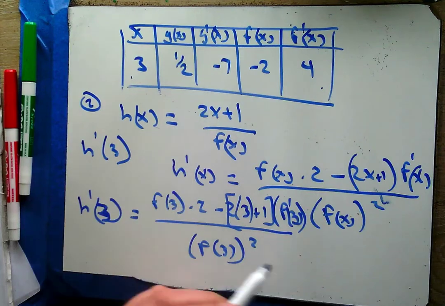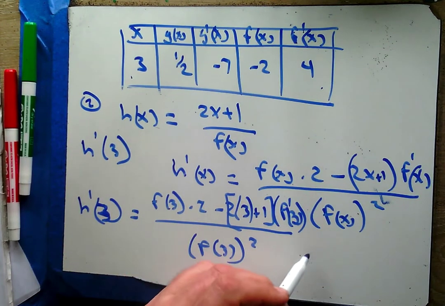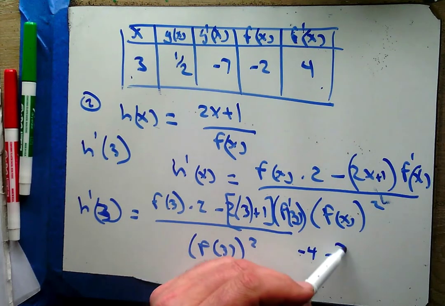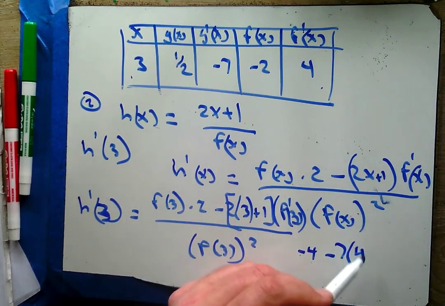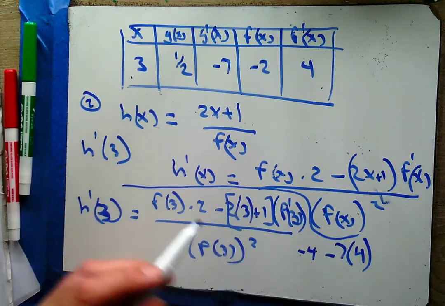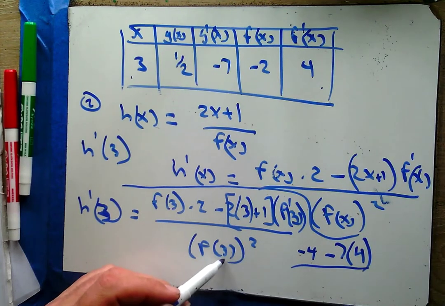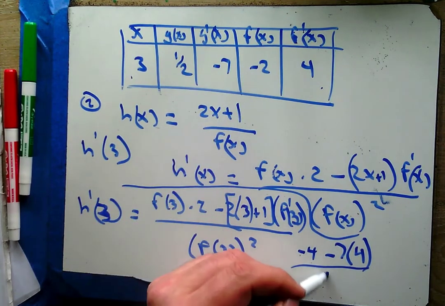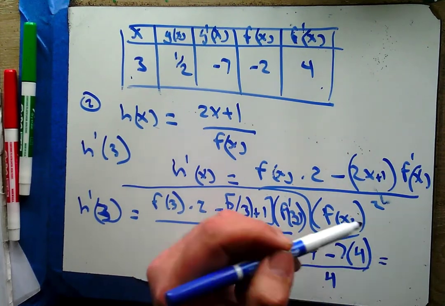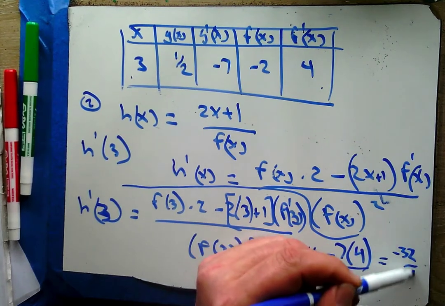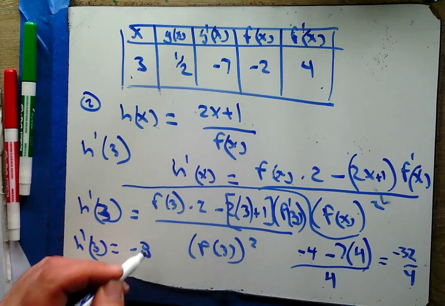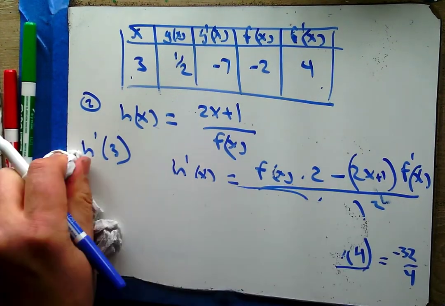Well, f of 3 is negative 2. So I have negative 2 times 2, which is negative 4, minus 2 times 3 is 6, plus 1 is 7, times f prime of 3, which is 4. All over f of 3, which is negative 2 squared, which is positive 4. So negative 28 minus 4 is negative 32 over 4, and so I get h prime of 3 is negative 8. Okay. How about this one?